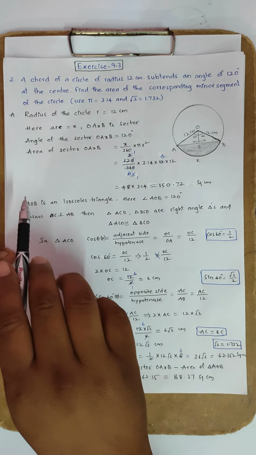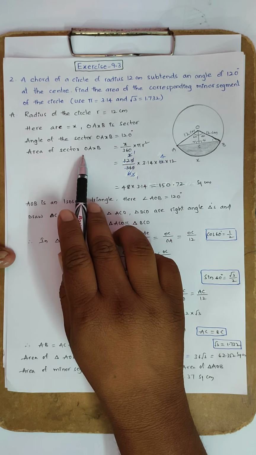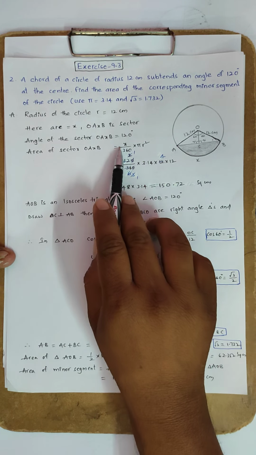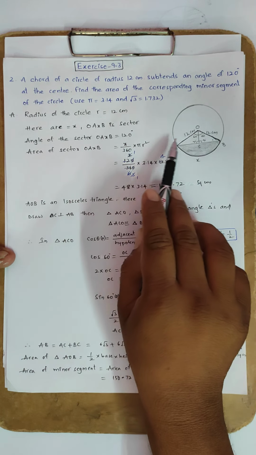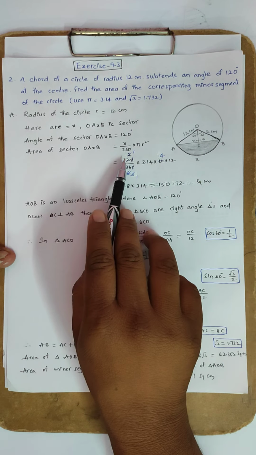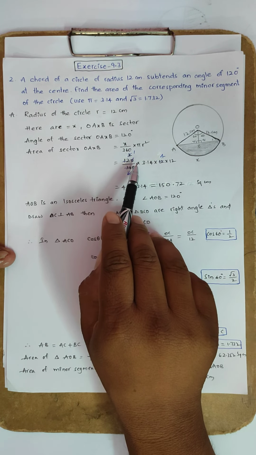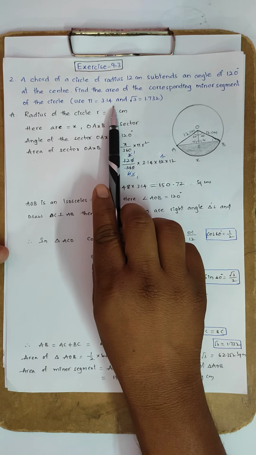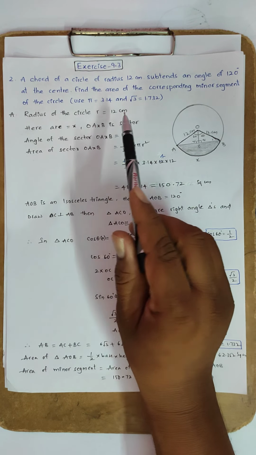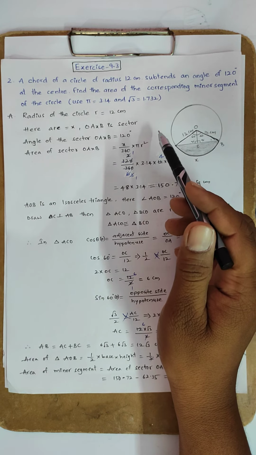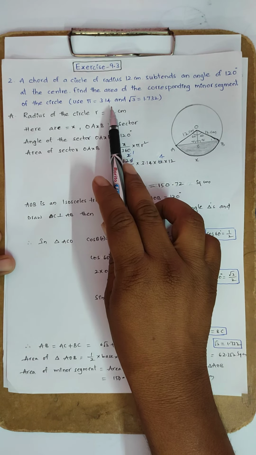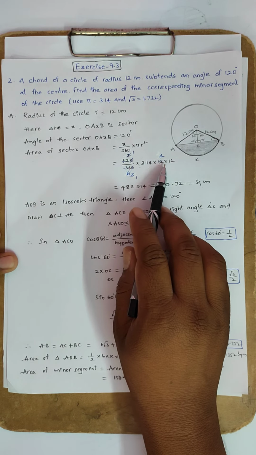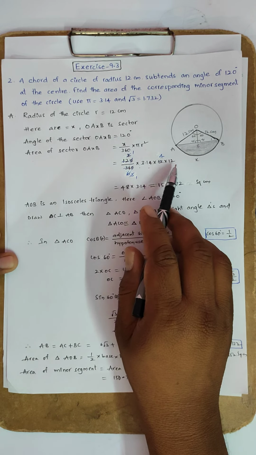Same I have written here. See, area of sector OAXB is x by 360 into pi r square. This is the formula. X how much? 120 degrees by 360 into pi. Use the value of pi 3.14. In the previous problem we used 22 by 7, here I have written to use this value, so I wrote 3.14 into radius 12 into 12.